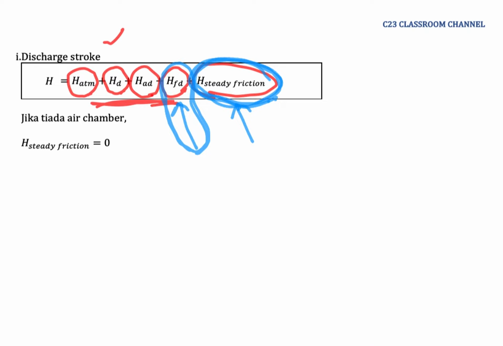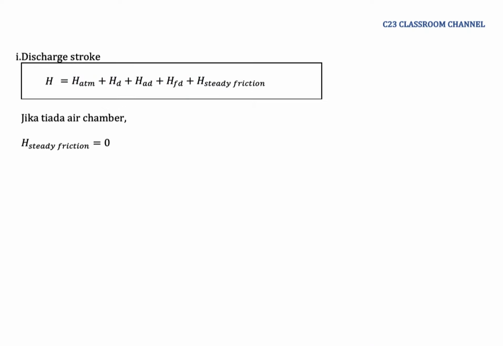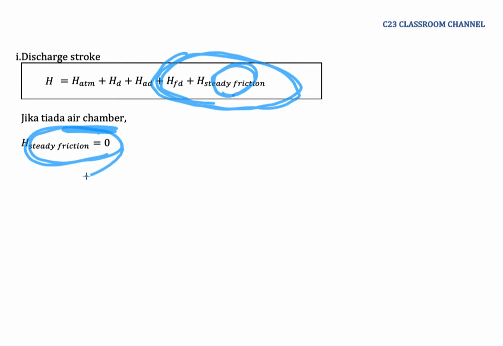So in this calculation, I expand the friction head into two types: one is due to the positive displacement pump, and another is due to the steady flow in pipe. If there is no air chamber, no air vessel, the steady friction here is equal to 0.